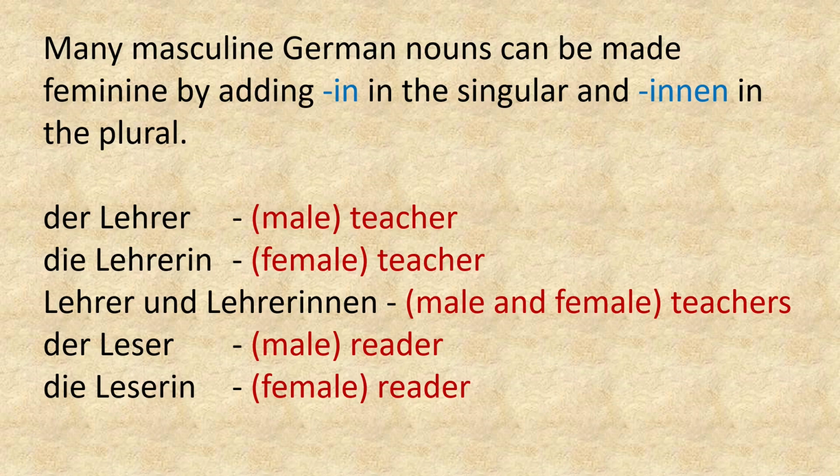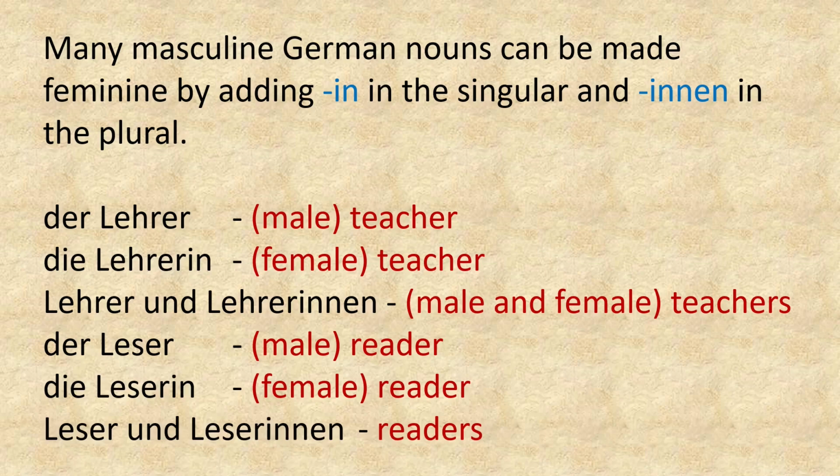If we make plural, we can say Lehrer und Lehrerinnen, male and female teachers. Another example, der Leser, reader; die Leserin, female reader. And if you make plural, Leser und Leserinnen, readers.